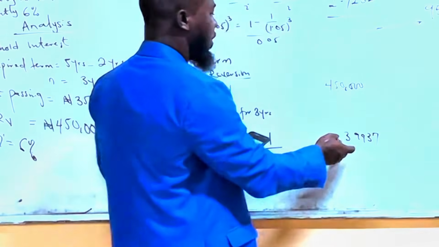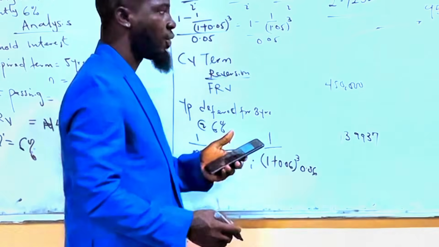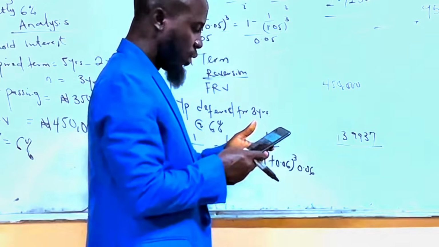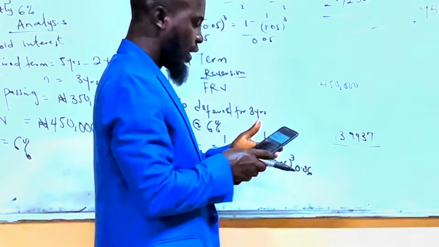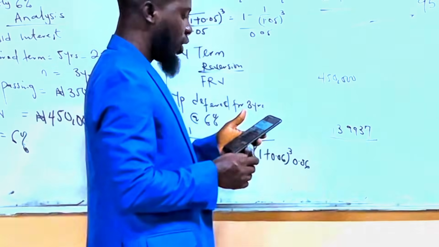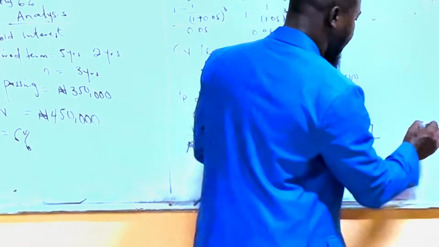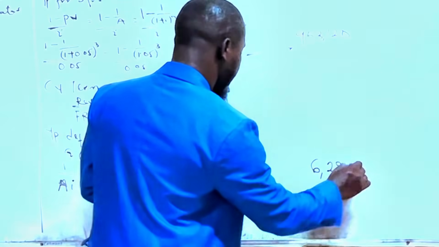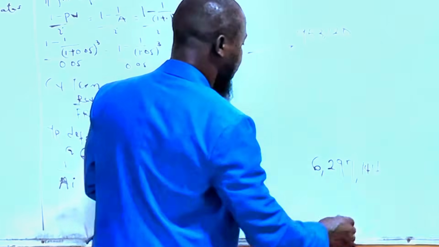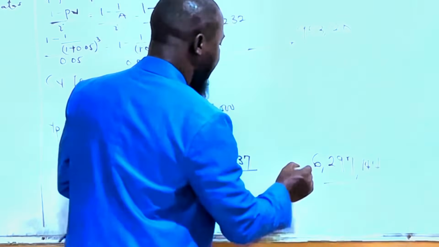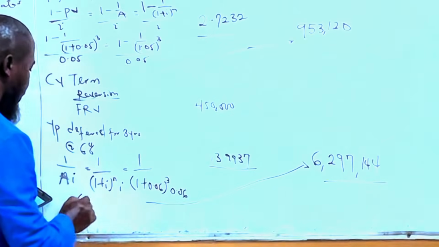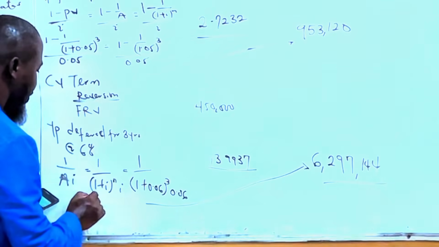This answer is now used to multiply 450,000. We have 6,297,144. This is the capital value for the reversion.